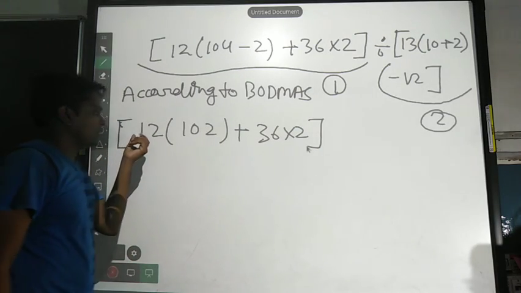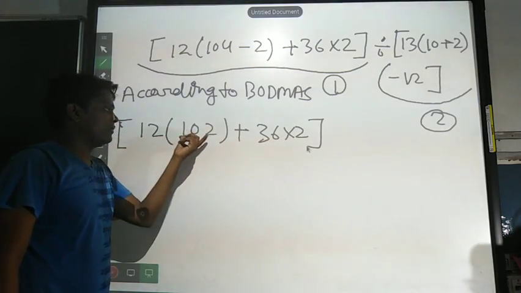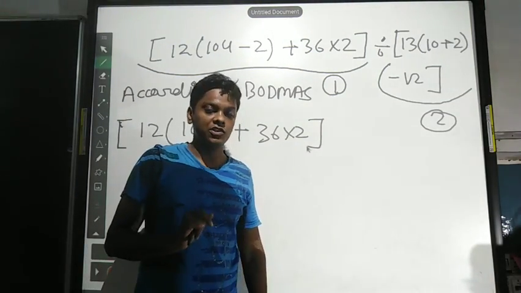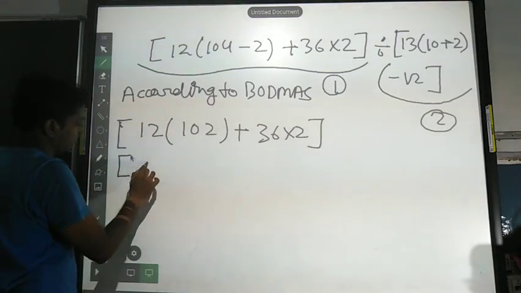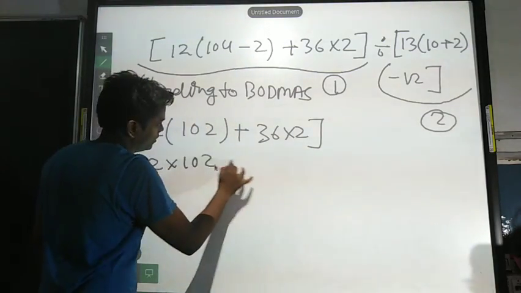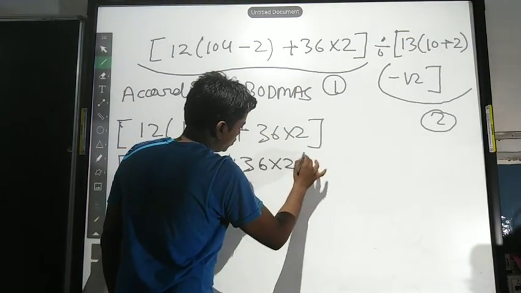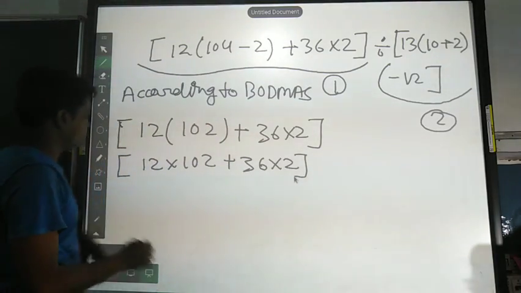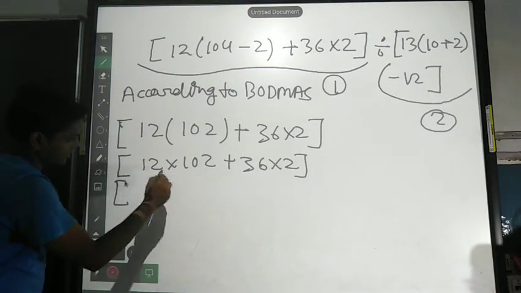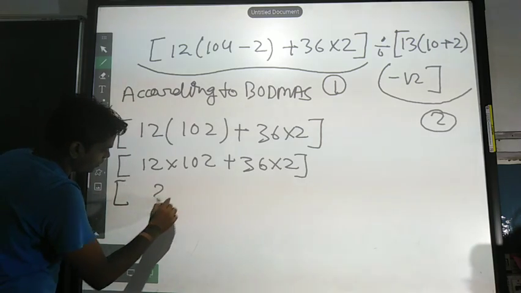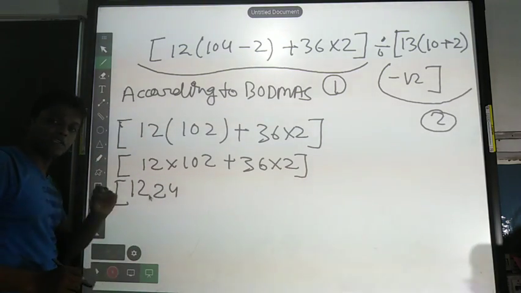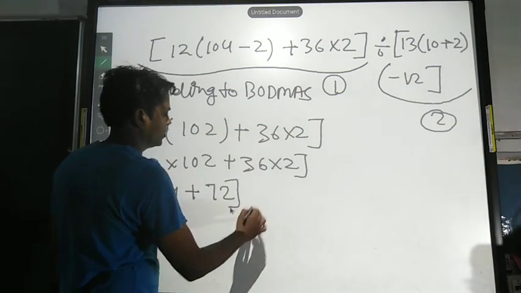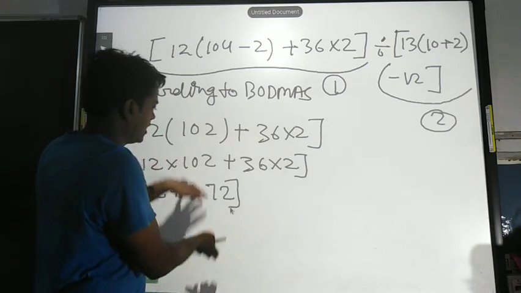See, there is no sign between this 12 and this bracket, so it is understood that there will be a multiplication sign. So it will become 12 into (102 plus 36 into 2). We will not forget BODMAS. Multiplication will be first: 36 into 2 is 72. Okay, this is the explanation of the first part.